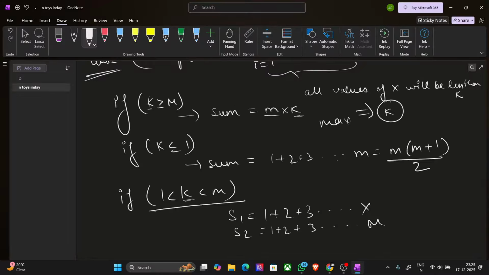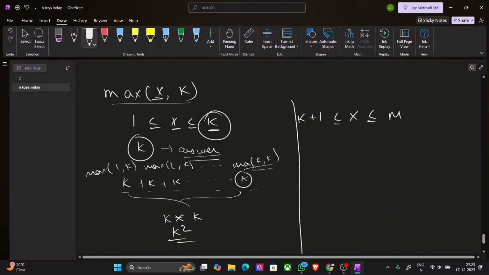So max runs m number of times, and every time k comes, so the summation will be m into k. If k is less than or equal to 1, each and every time x will come out as the answer from max. What is x? It will be 1 plus 2 plus 3 up to m, because it runs m number of times. So m into m plus 1 by 2.